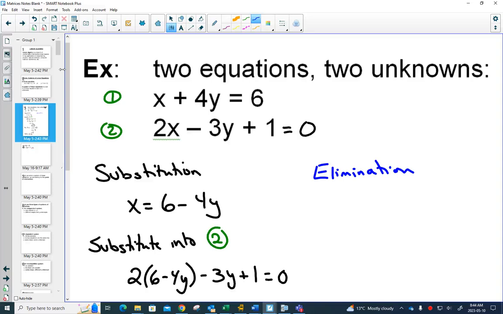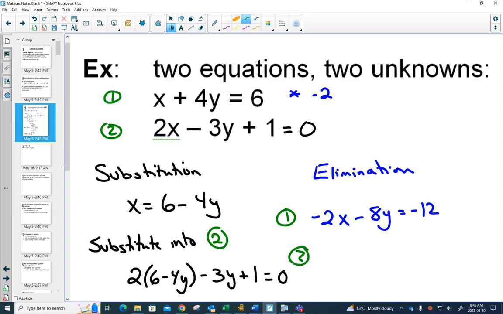But if I took equation 1 and multiplied that whole equation by negative 2, multiplying the left side by negative 2 and the right side by negative 2, do you see that equation 1 would become negative 2x minus 8y equals negative 12?